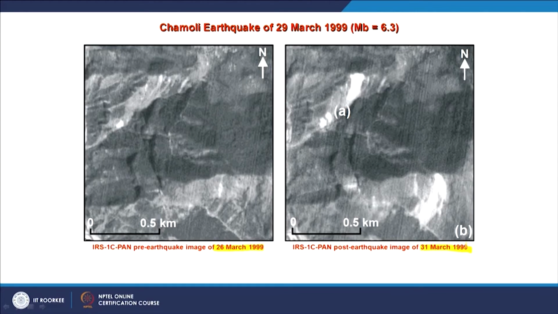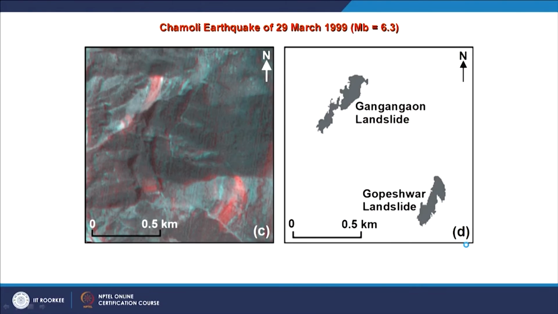So, using this pseudo color transformation technique, we created one single image which was showing the changes which have occurred between these two input image dates. The red areas are showing the changes in terms of increased reflection, and this is because of landslides which were induced by this Chamoli earthquake of March 29, 99.